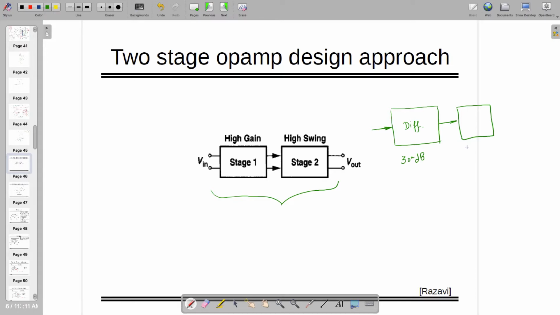That is going to give you the gain as well as the swing, because if you look at the output stage, which looks like this one, let's call it V out 1, and this is V out in total, this is V in, and this is V out. So this is the second stage, which is like this, right?